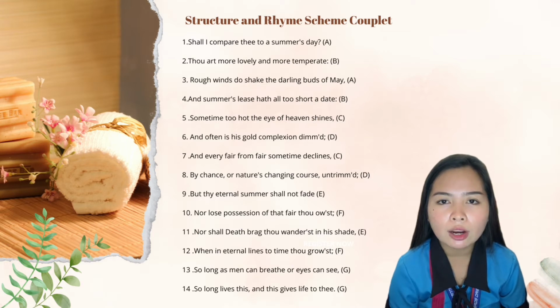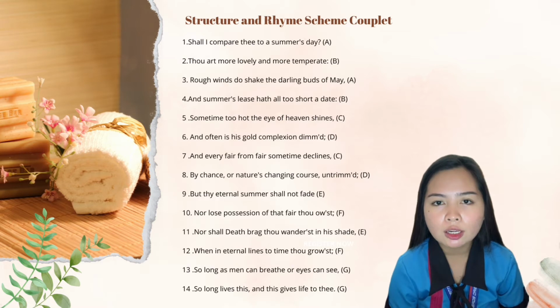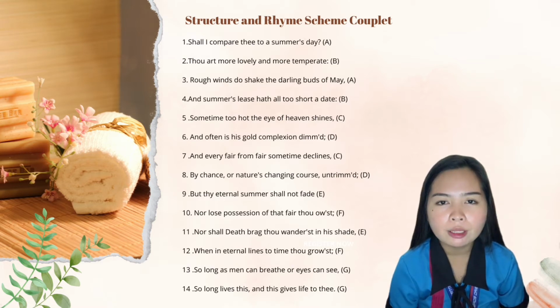The sonnet carries a strict rhyme scheme throughout: A, B, A, B, C, D, C, D, E, F, E, F, and then the rhyming couplet is G, G. The meter of a Shakespearean sonnet is iambic pentameter. It's the preferred meter of Shakespeare's work.